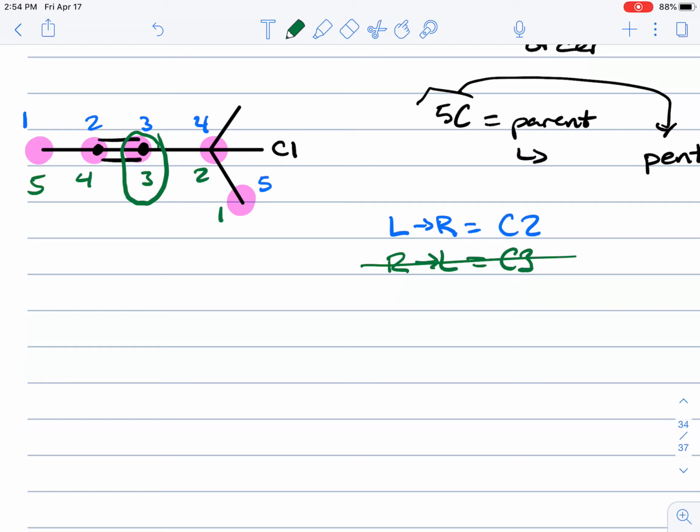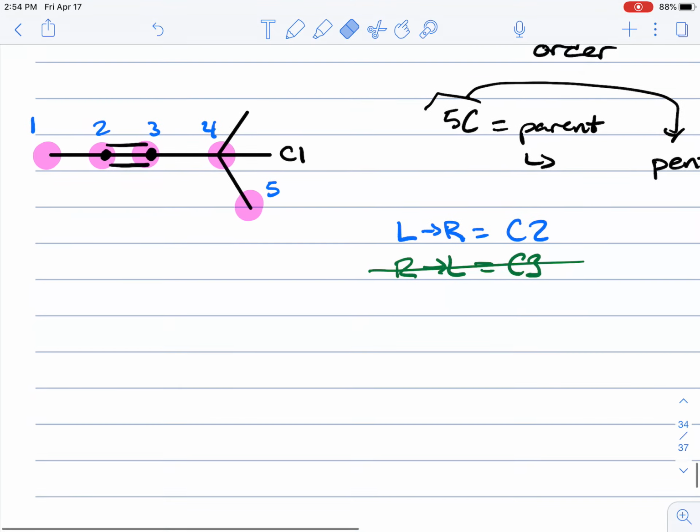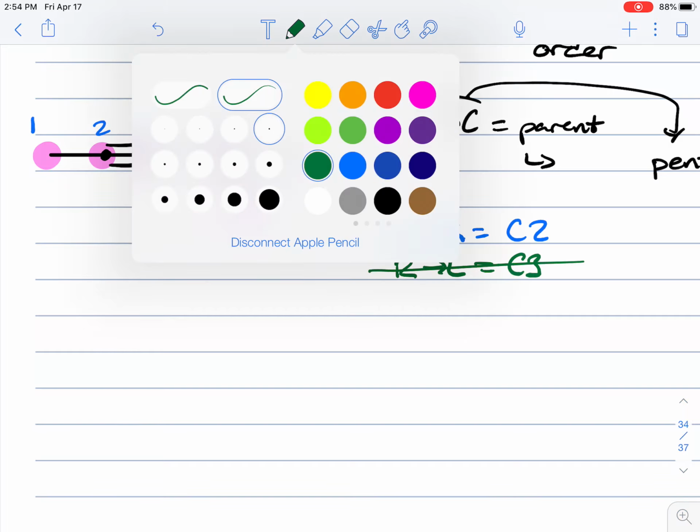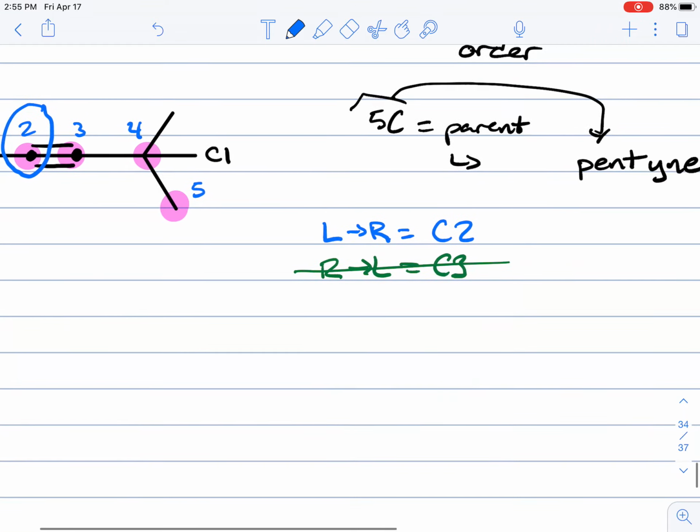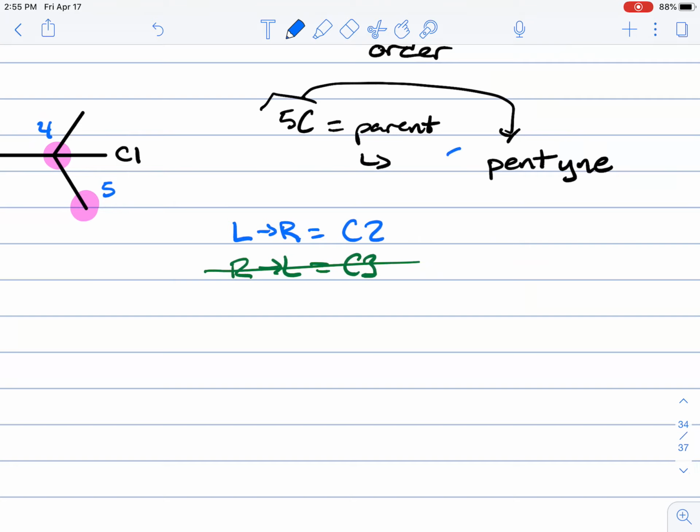So this is letting us know that the numbering system in green is incorrect and the numbering system in blue is much preferred. Okay. And so now I still need to describe the position of where that triple bond starts, which is on carbon 2. So I'm going to say 2-pentyne, okay, where this 2 represents where the triple bond is located.